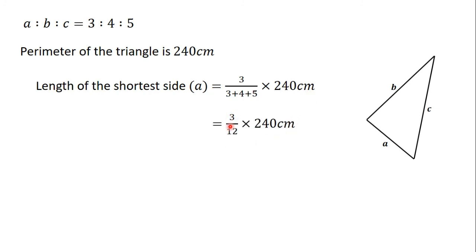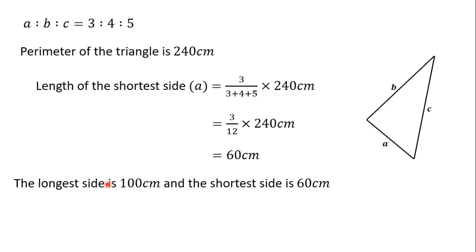This will give us 3 divided by 12 times 240 centimeters, and this will give us 60 centimeters. So the length of the shortest side is 60 centimeters.